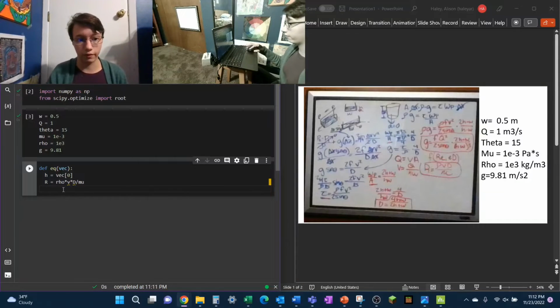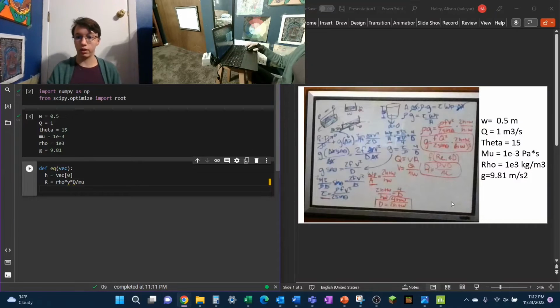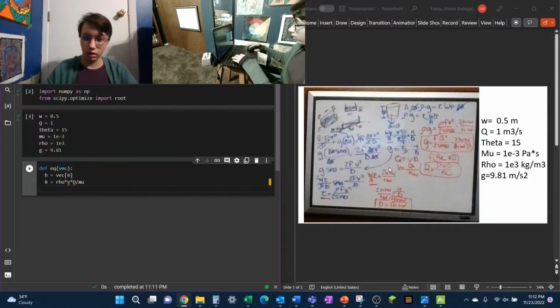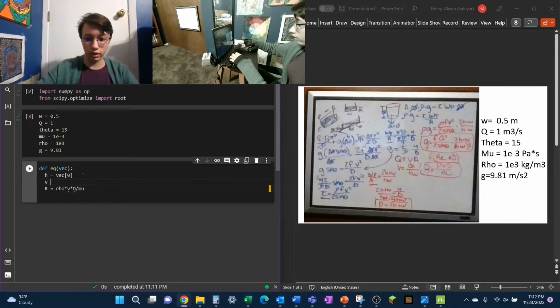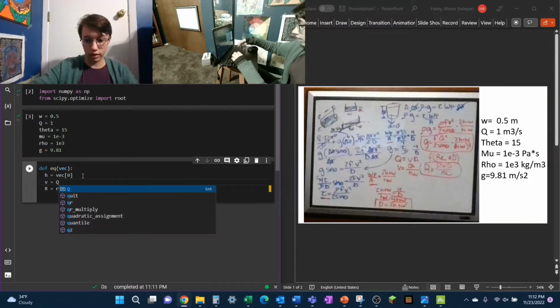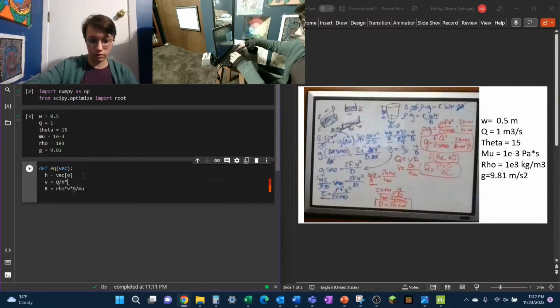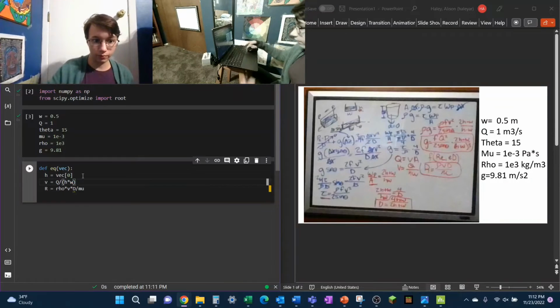Alright, and you can see we don't have velocity or diameter defined, so we can do that. So from right here, we have that our velocity, we're going to have to do this above the Reynolds number, is equal to our flow rate divided by h times w.